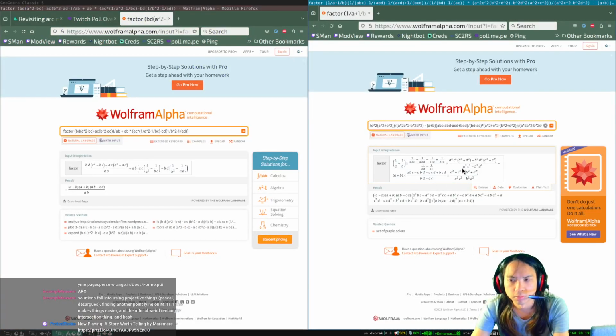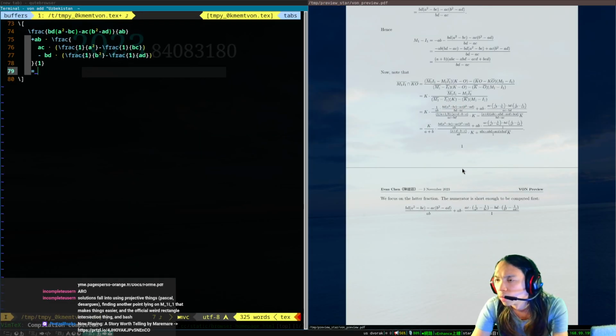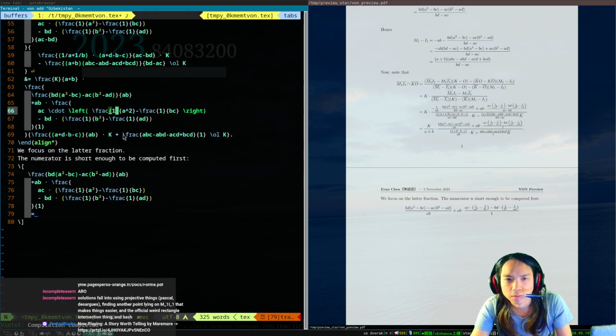And, you know, Wolfram A minus B. I should put a C dot in front of the K bar.